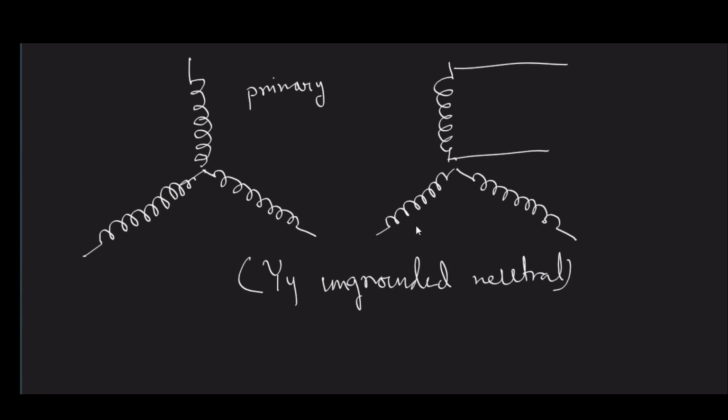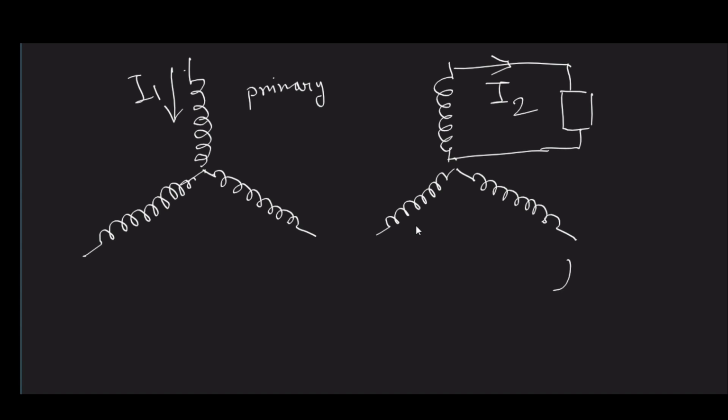Now if you connect a load here, what would happen? A current I2 will flow, as it is the secondary current, and correspondingly a current I1 will be drawn from the source, right? Now let us consider that the secondary side is grounded also.